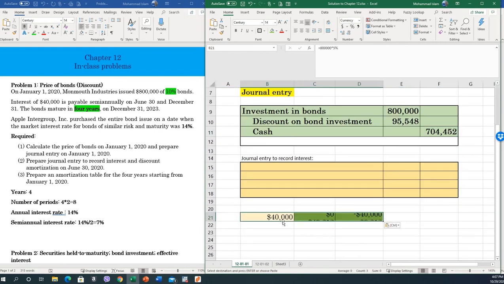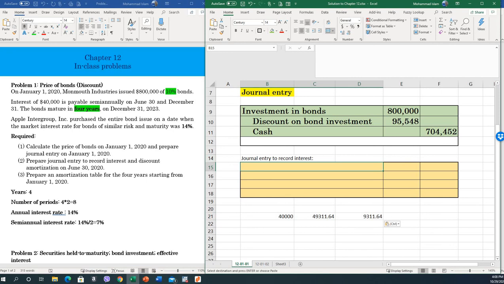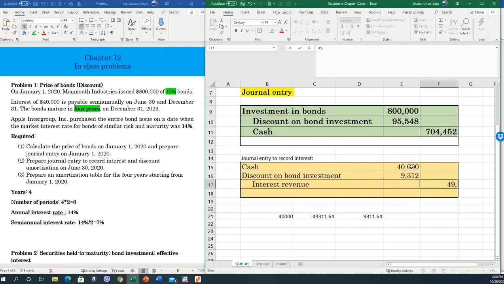So okay, what we will do: debit cash 40,000, and discount on bond investment, sorry, 9,312, and interest revenue, which is this amount, 49,312.